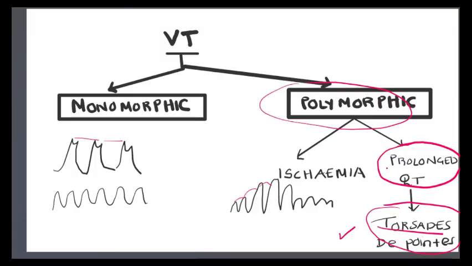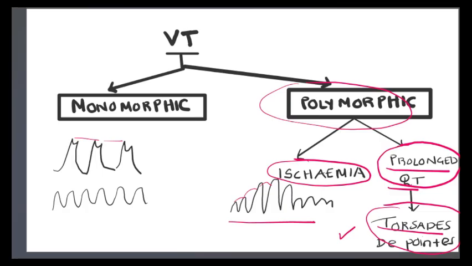But if the polymorphic ventricular tachycardia is due to some reason other than prolonged QT, it is just general polymorphic VT, and usually it could be because of ischemia.